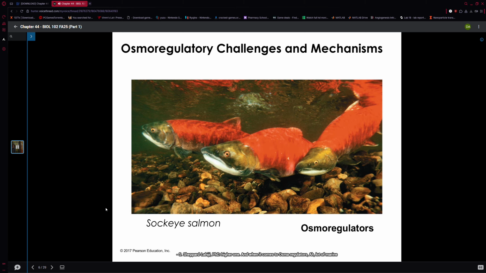And when it comes to osmoregulators, a lot of marine vertebrates and some marine invertebrates are osmoregulators. And we'll go through the idea of osmoregulation in the marine environment versus the freshwater environment in our upcoming slides.